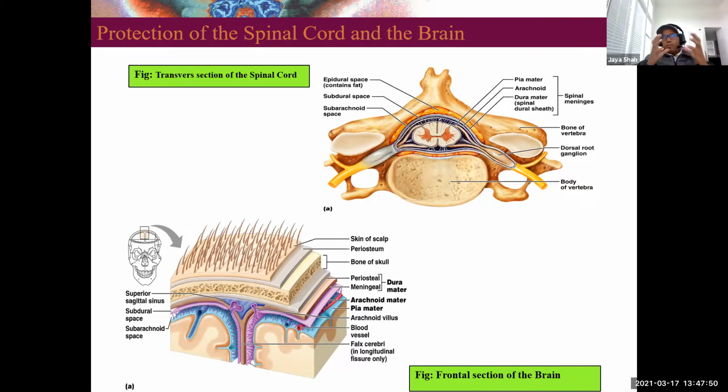So your brain and spinal cord are pretty much floating inside the fluid. You have fluid outside and fluid inside, and then you have the brain and spinal cord. That gives buoyancy to the brain and spinal cord, which is why the brain and spinal cord feel very light in weight.